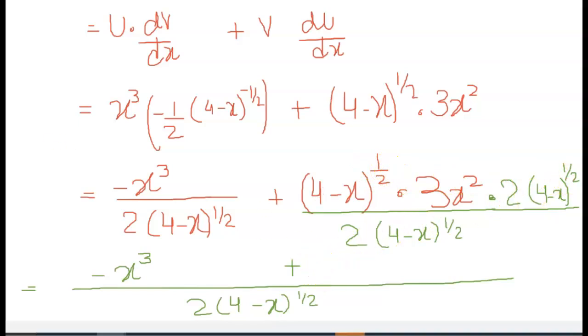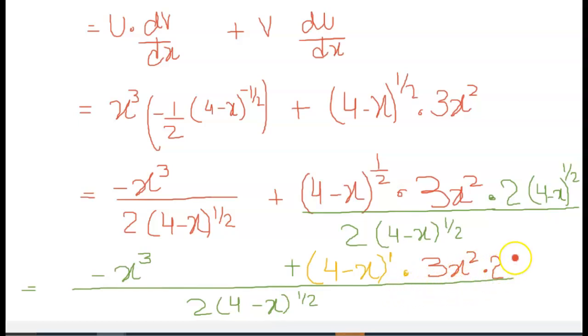I can add the powers, so I can write 4 minus x to the power half plus half, which becomes just 1, and the 3x squared as it is. That 2 at the bottom can multiply with the 3, and you get the answer 6. We do that in the next step.